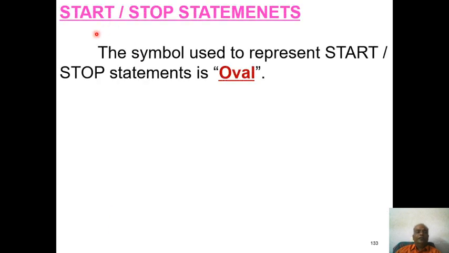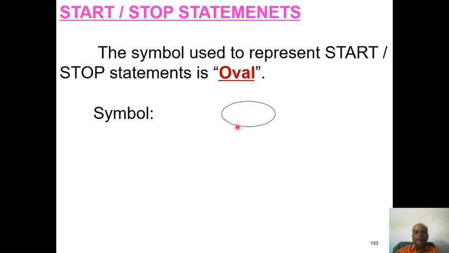Here, start and stop statements can be represented by the following symbol, known as an oval. In an algorithm we write start for the beginning and stop for the end. In a flowchart also, the first symbol is start and the end symbol is stop. This is a very important question from the examination point of view.